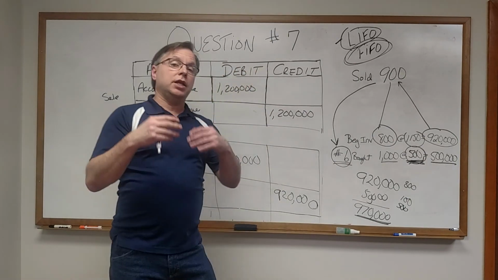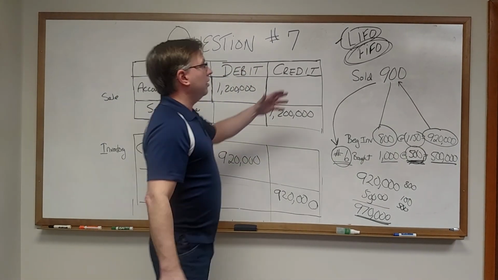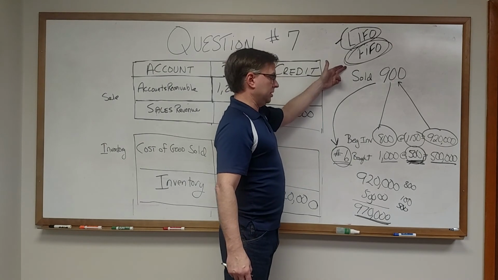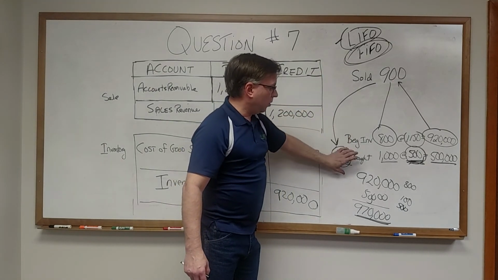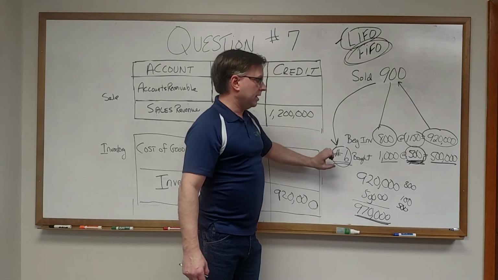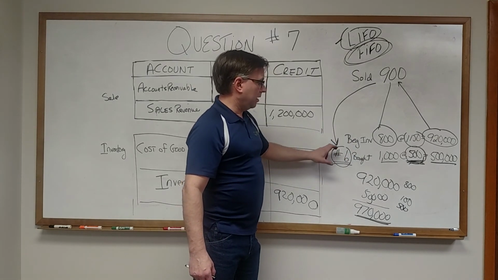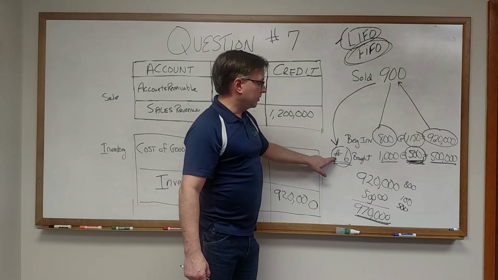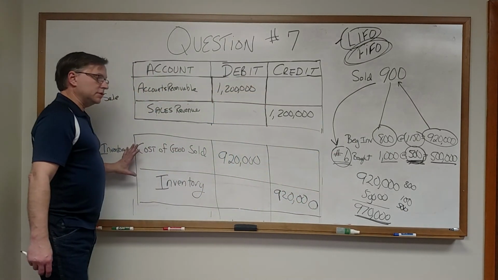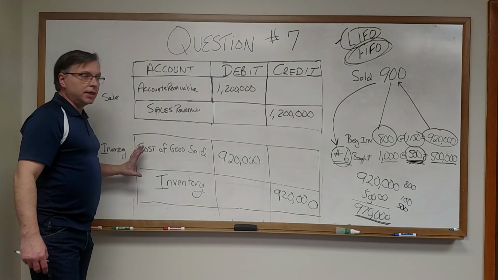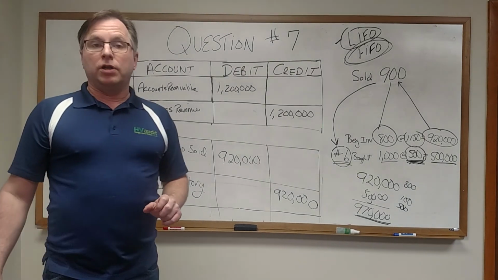I hope that gives you enough explanation so that you can handle both LIFO or FIFO questions, realizing that you might have to use some or all of each of these inventories, from the beginning inventory to the number 6 purchase, to figure out what your cost of goods sold is. And those are the answers for number 7.